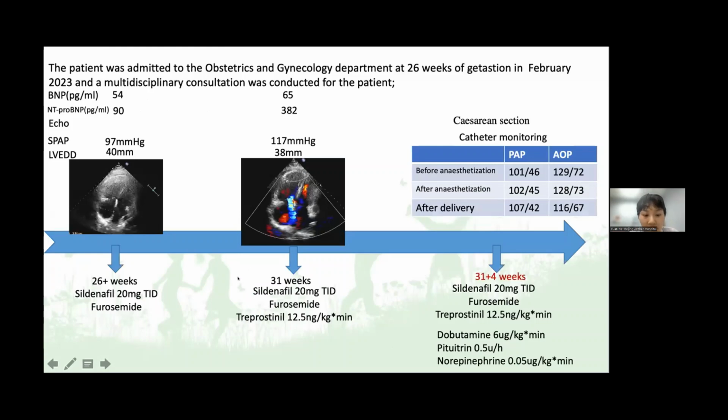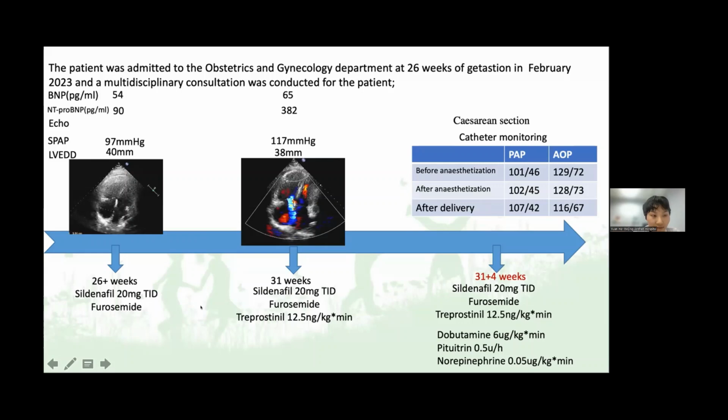And the patient was admitted to the obstetric and gynecology department in our hospital at 26 weeks of gestation in February 2023, and a multidisciplinary consultation was conducted for the patient.